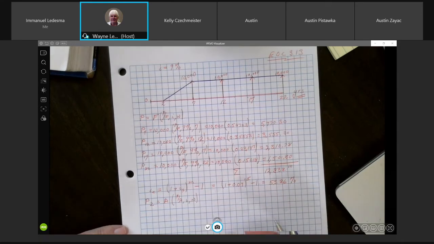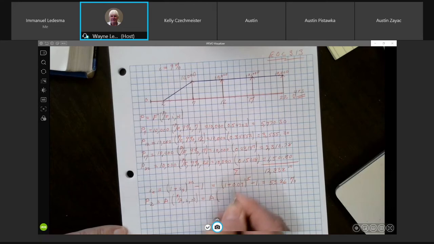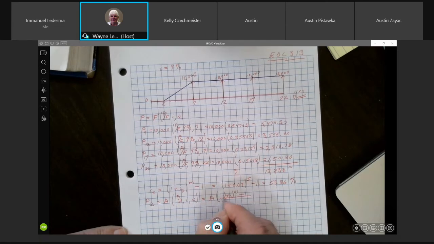I know I don't have a table for that, so I may as well take the next step right here and substitute in the prime formula, which is 1 plus I to the power of N minus 1 over I onto 1 plus I to the power of N.